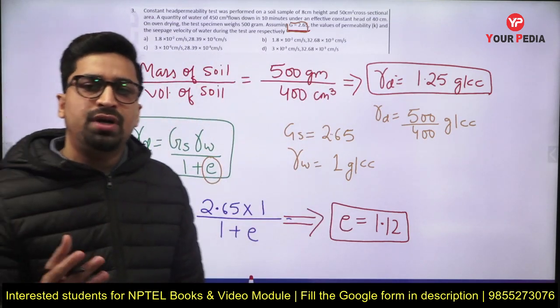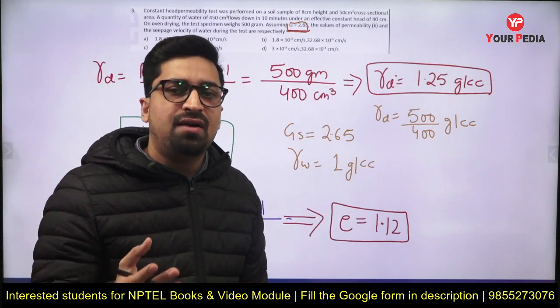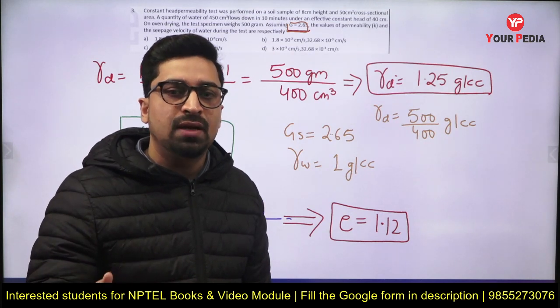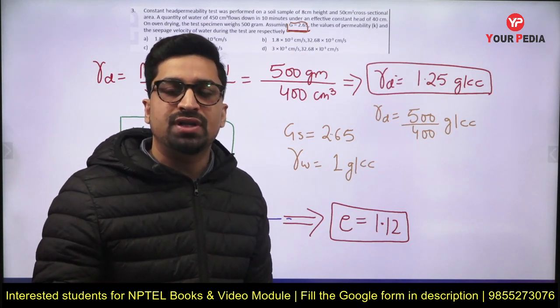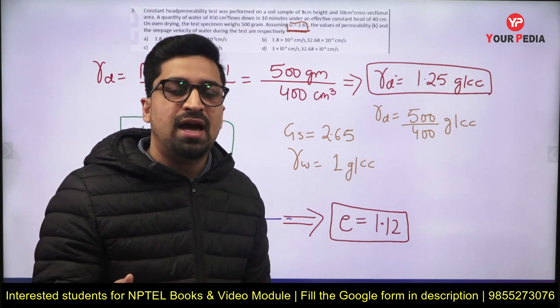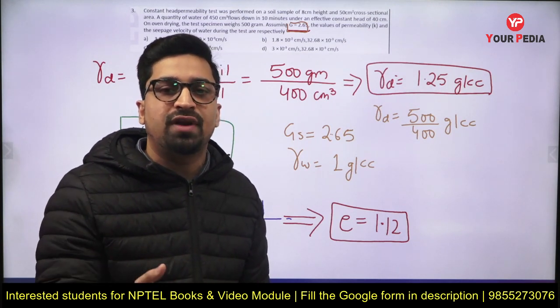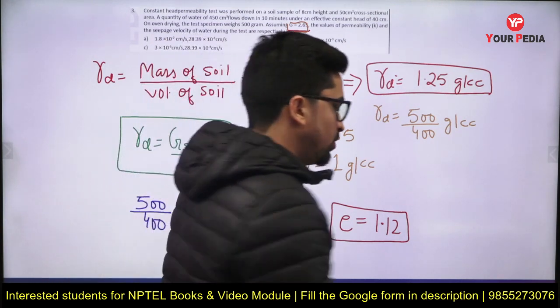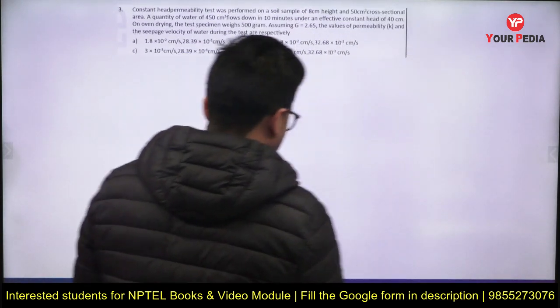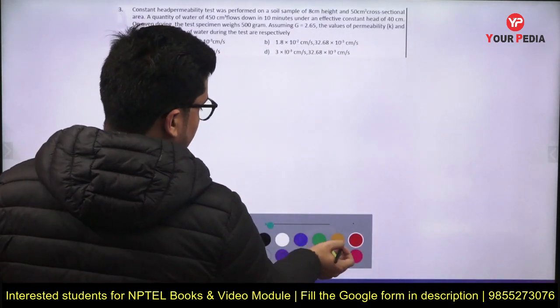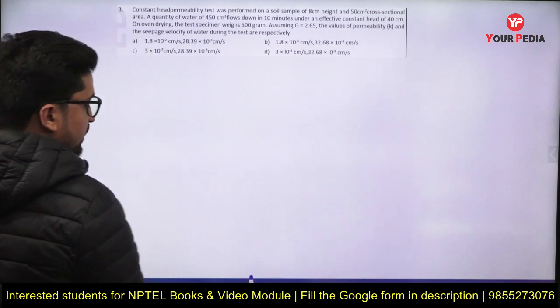Now you have the void ratio of the soil sample, and our aim was to calculate the porosity, and we know a relation between porosity and void ratio, that is given by porosity is equal to void ratio divided by 1 plus E, right? So let us use that equation in order to calculate the porosity.